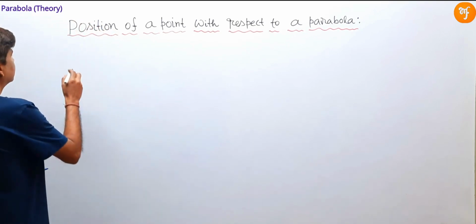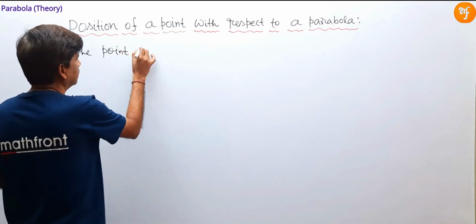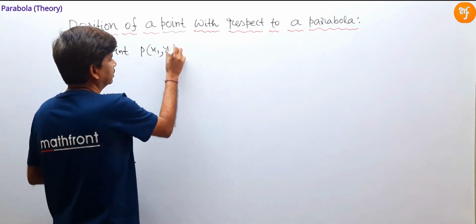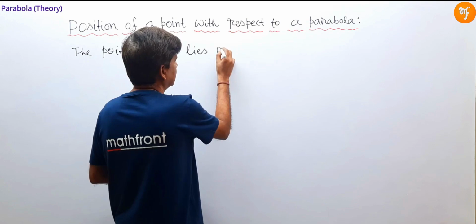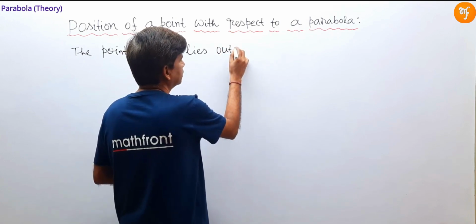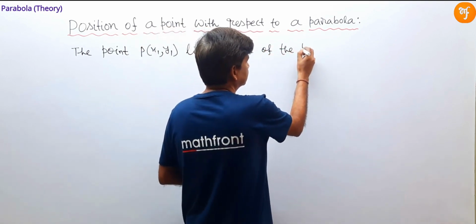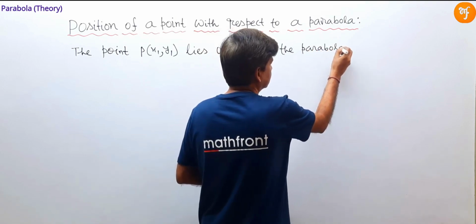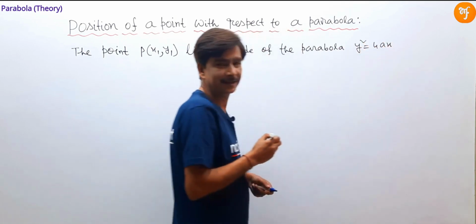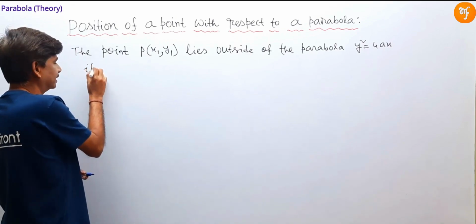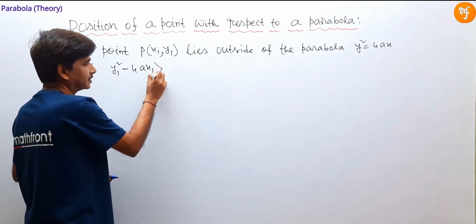Okay, so the point P x1, y1 lies outside of the parabola y square is equal to 4ax if the condition y1 square minus 4ax1 is greater than 0.